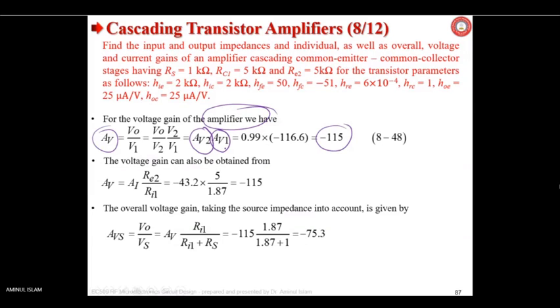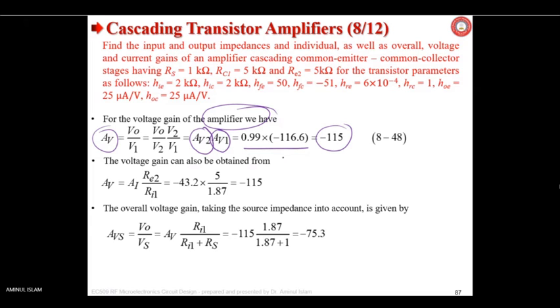If you cascade, the voltage gains are multiplied, and you get this. Since stage 2 is common collector type, its gain is less than unity, 0.99. And the first stage is common emitter, having a gain of minus 1.6. So ultimately you get minus 1.5.